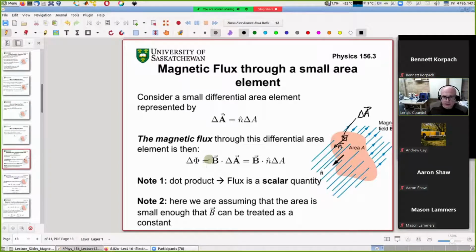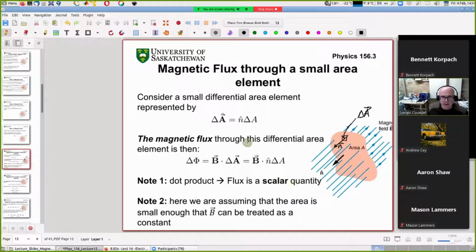So the magnetic flux through this differential area element is then delta capital Phi equal B vector dot product delta A vector, which you can rewrite as B vector dot product n hat delta A. Okay, so note that we have a dot product, so the flux is a scalar quantity, it's a number.